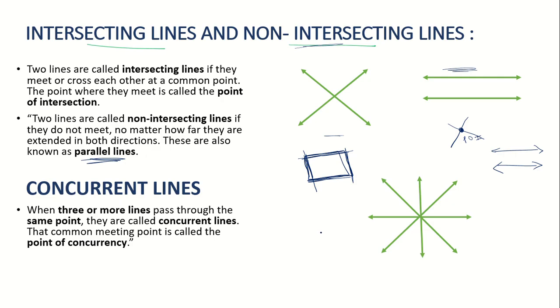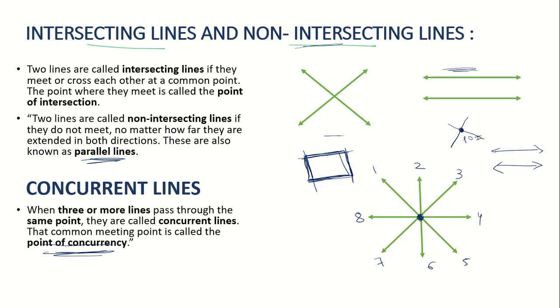Here we can see different lines passing through a point. This is called concurrent lines, and this common point is called the point of concurrency.